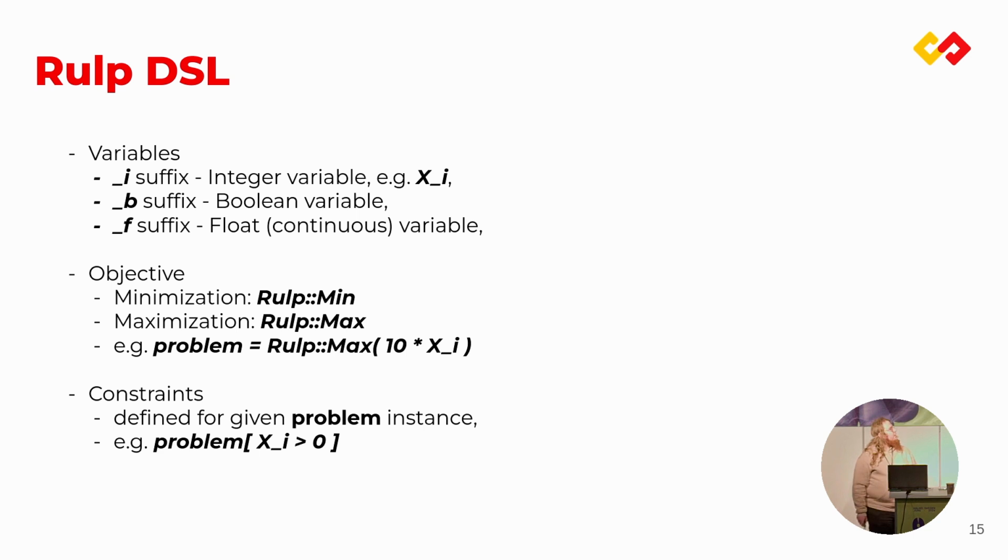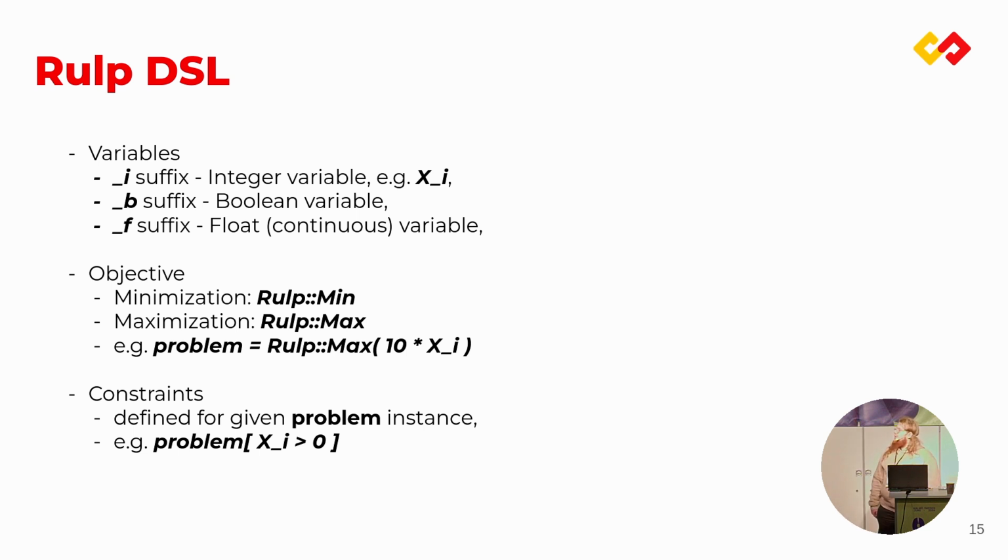There are some Ruby DSL commands and statements that we'll use in defining our problems. To define a variable, you need to use a capital letter at first and the proper suffix. The suffix determines the type of the variable.